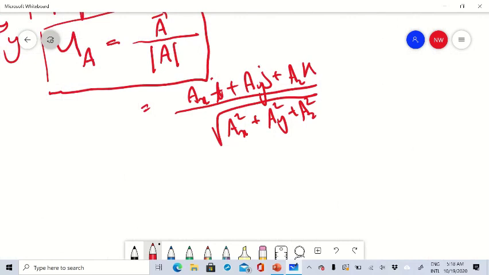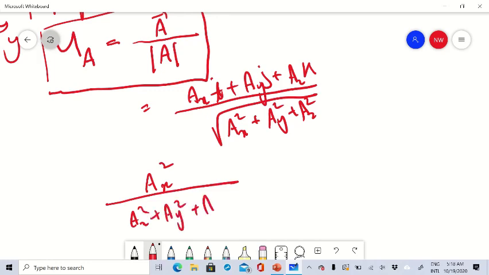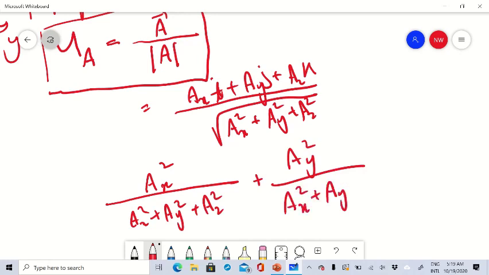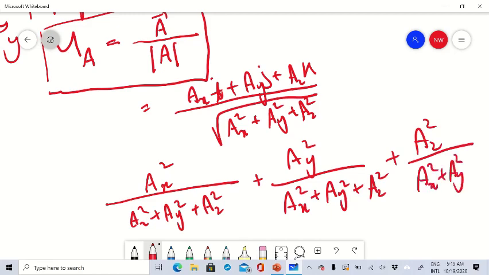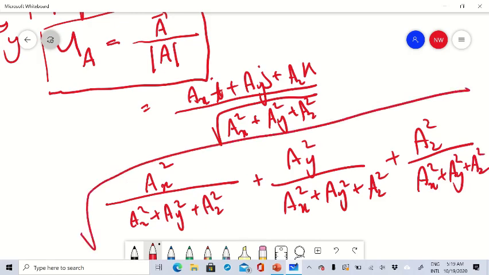Then magnitude of this one is Ax squared divided by Ax squared plus Ay squared plus Az squared, plus Ay squared divided by Ax squared plus Ay squared plus Az squared, plus Az squared divided by Ax squared plus Ay squared plus Az squared, right? Then you take the square root.